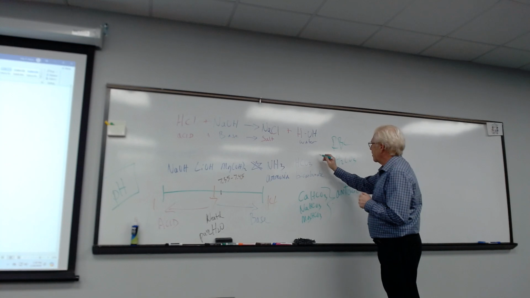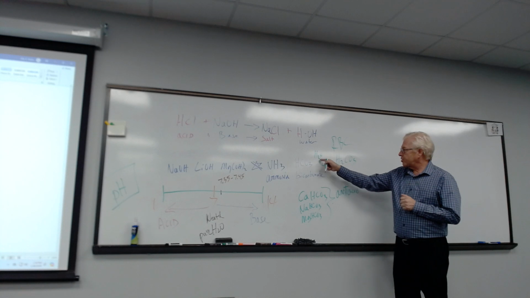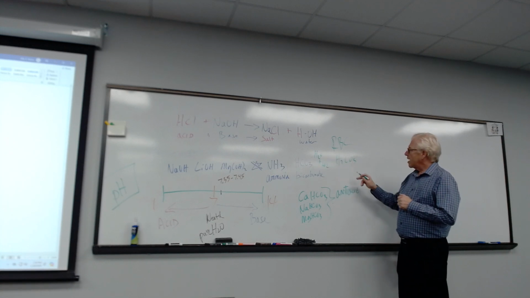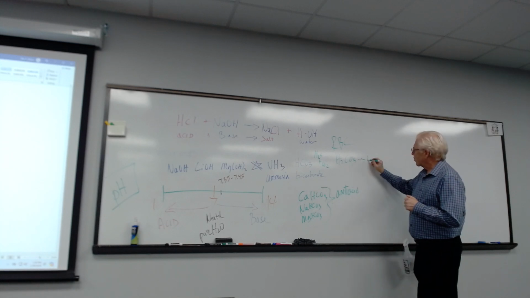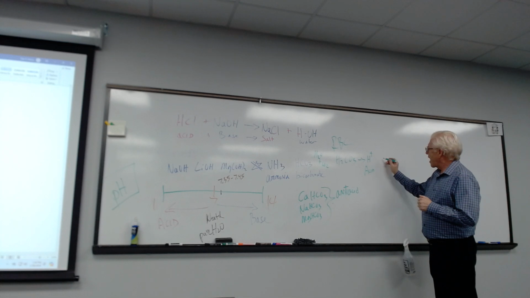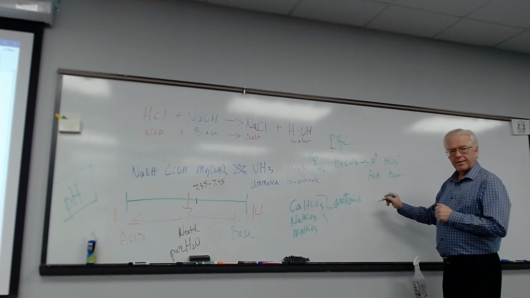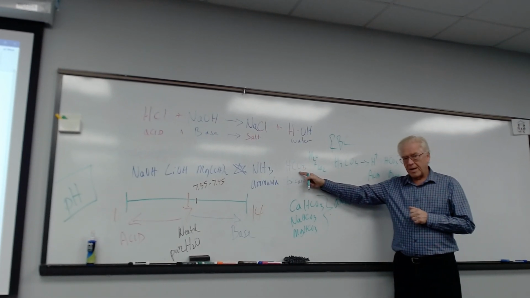This is made from H2O and CO2. See? H2, C, and then 3 O's. Now, this thing is a weak acid, and your red blood cell can break that into an H, which is an acid, and HCO3 negative, which is a base. Remember? Base, bicarbonate.